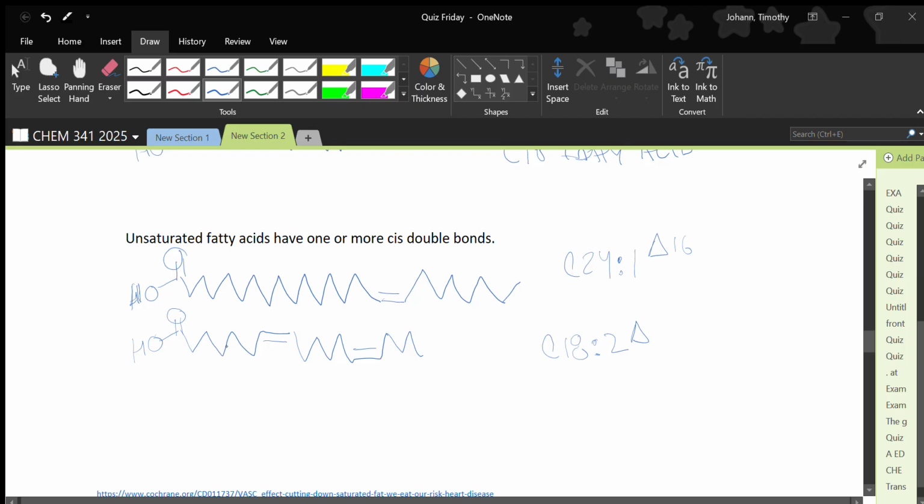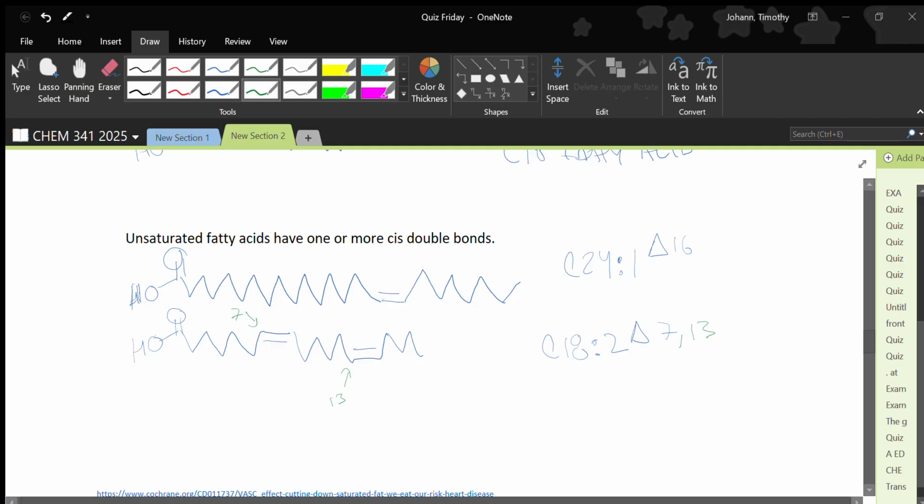So 2, 4, 6, 7. This is the seventh carbon here. All right, so this is number 7 when I counted. 8, 9, 10, 12, 13, comma 13. This is 13. 14, 15, 16, 17, 18. Okay, so I was counting correctly because I had 18 again.